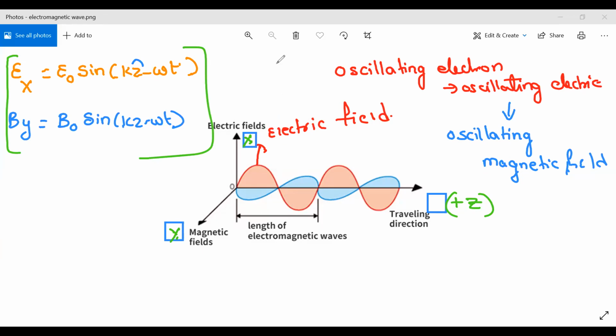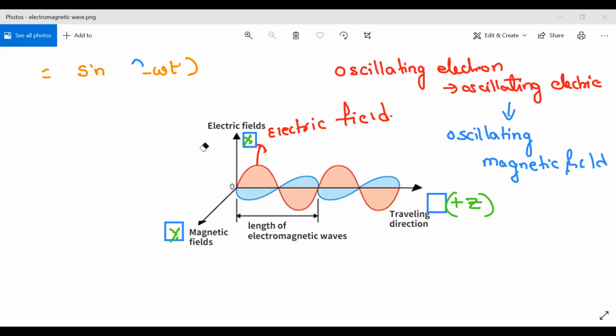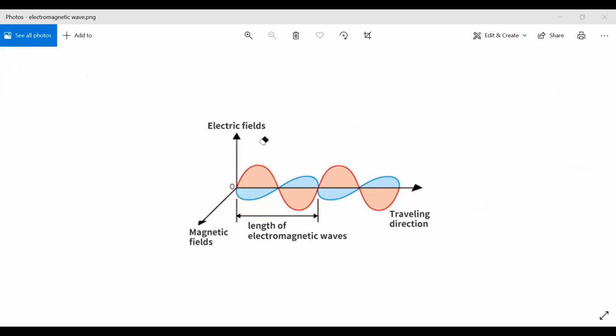Now look here. From the diagram, can I say electric field and magnetic field are perpendicular to each other? Yes.